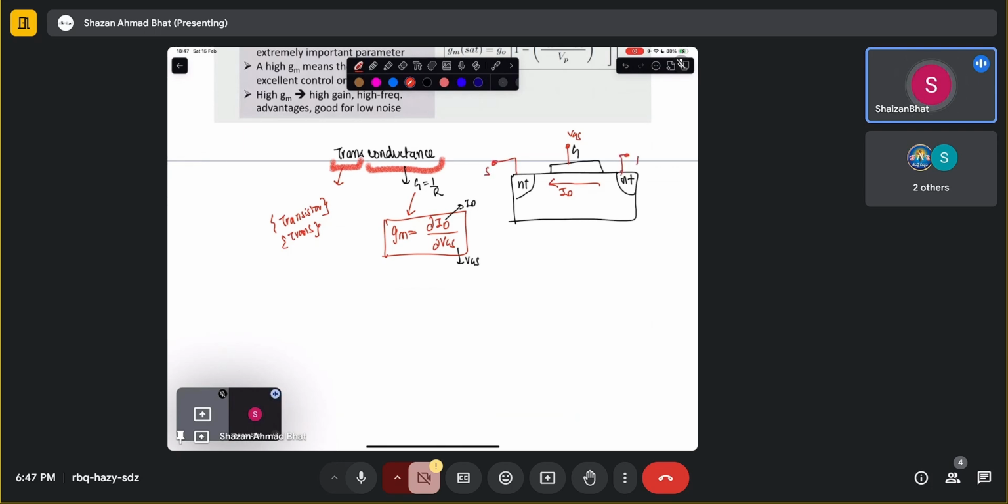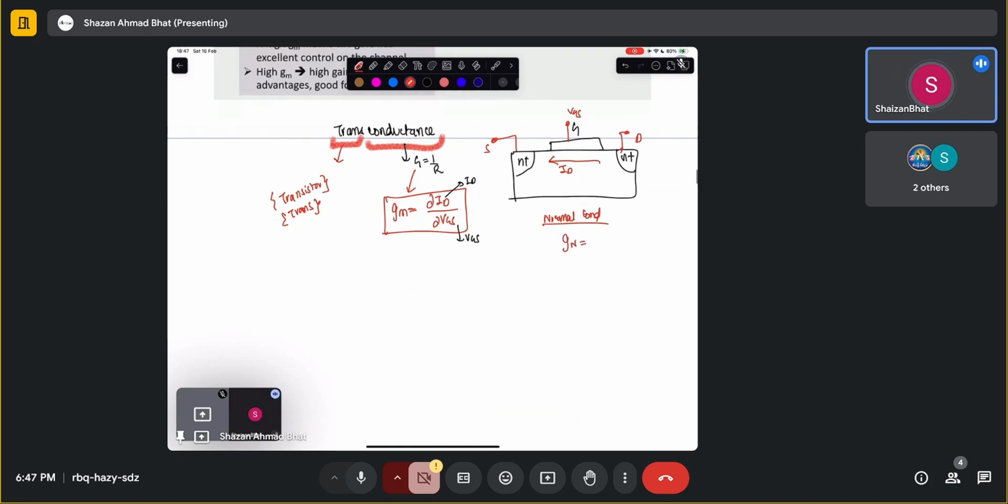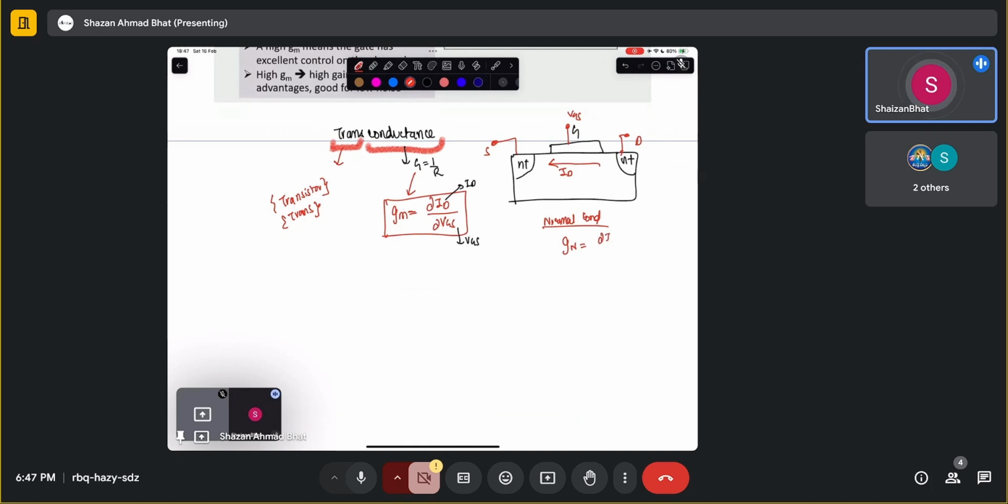Okay, this is source, this is drain. Had it been a normal conductance, it should have been the variation of drain current with respect to VDS. This is the normal conductance. But because it's transconductance, that means it's measuring the variation of the current here with respect to the gate voltage.